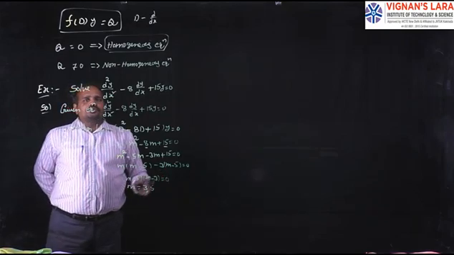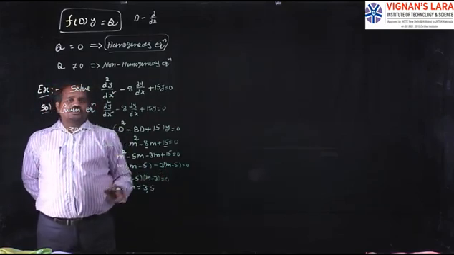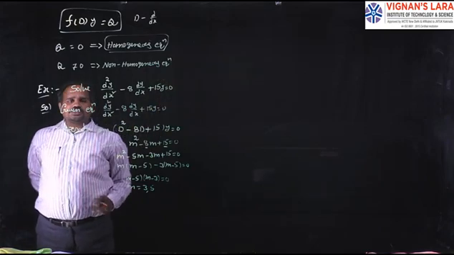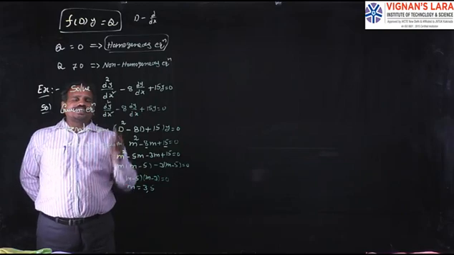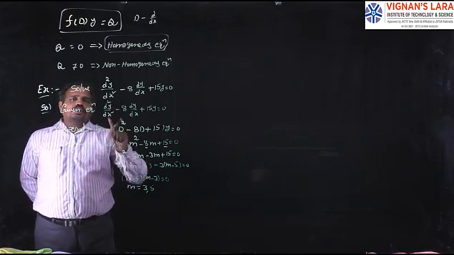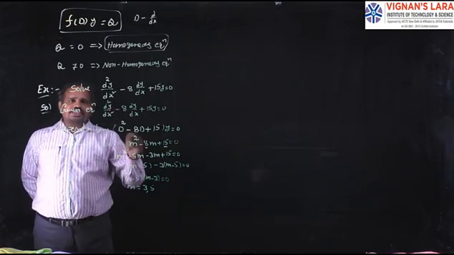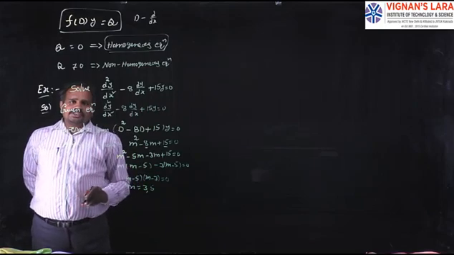Corresponding to the roots we have to write the solution. Right hand side 0 means it is a homogeneous equation. A homogeneous equation has only one solution, which is called the complementary solution. The complementary solution becomes the general solution for a homogeneous equation.